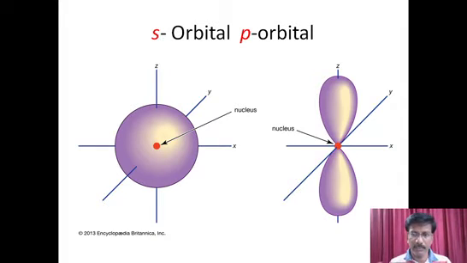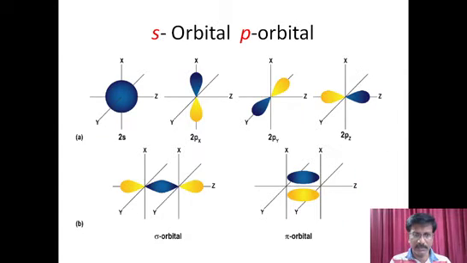It is like a dumbbell shape, elongated, spread across a single axis, whether it is x axis, y axis, or z axis. You can see here, if you compare the p orbitals px, py, pz, you can easily see that it is spread across the x axis, y axis, and z axis. So this is how we get three different p orbitals, px, py, pz.